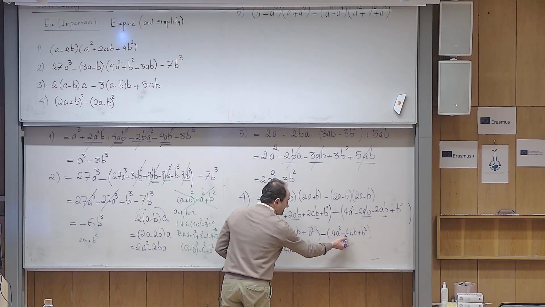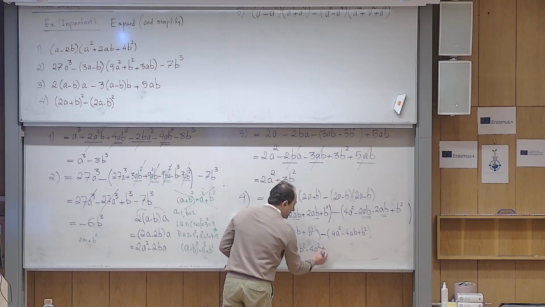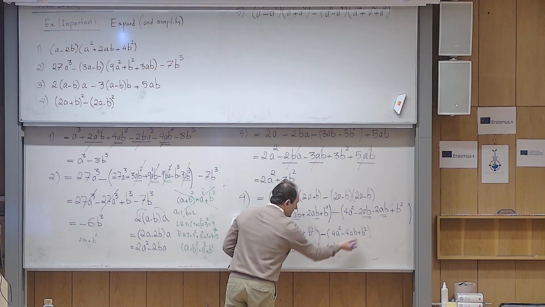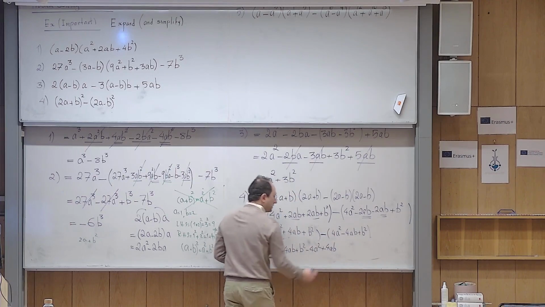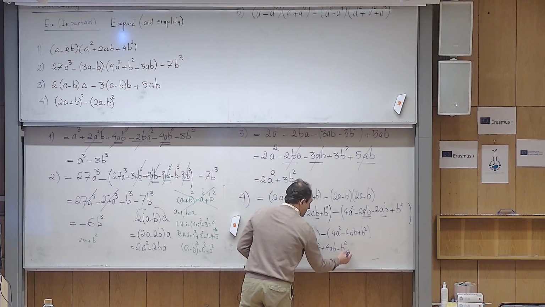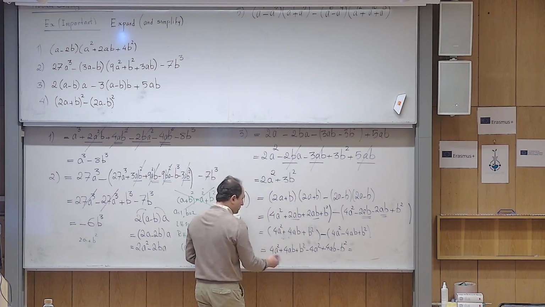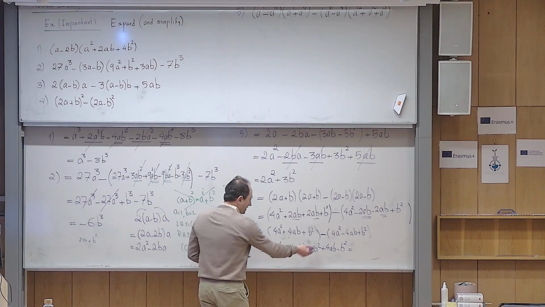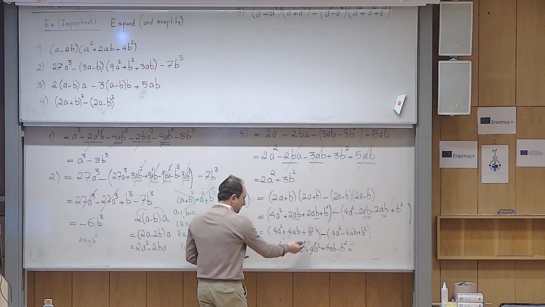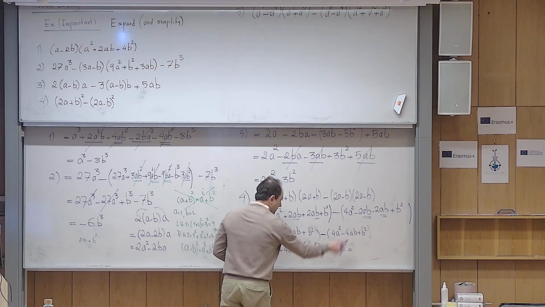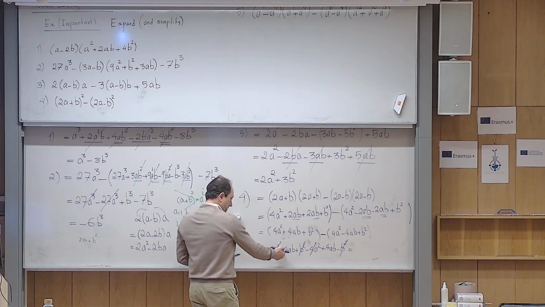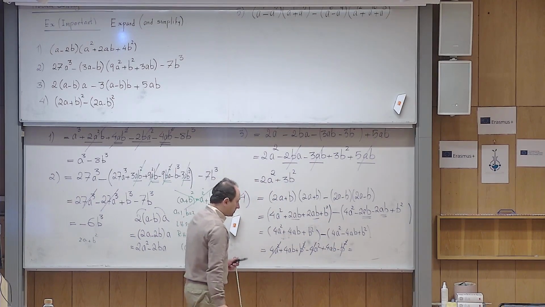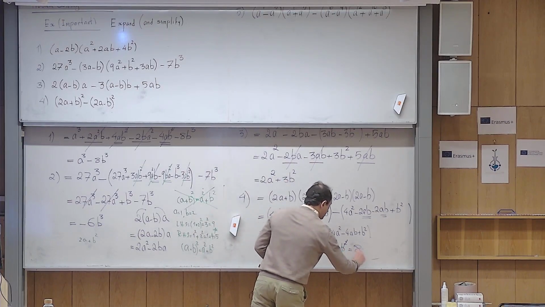The second one itself is negative, because of that one, it becomes positive. The last one is positive, because of this negative, it becomes negative. And can I go further? Yes, quite a lot, because this one and that one are gone. This one and that one are also gone. And then 4ab plus 4ab is 8ab.